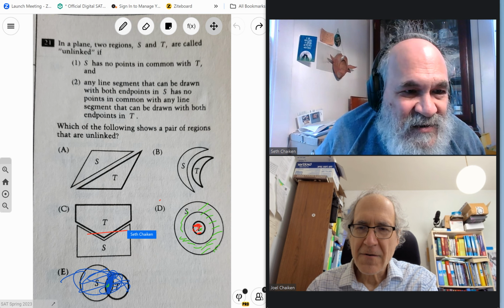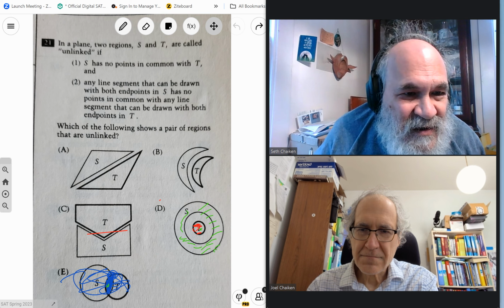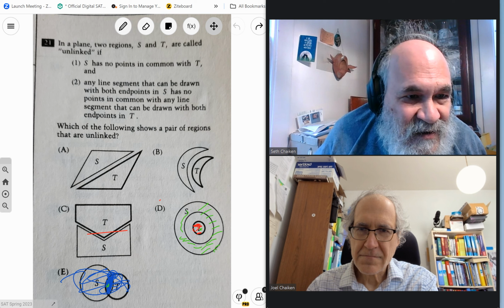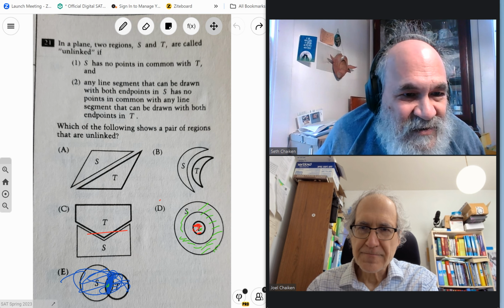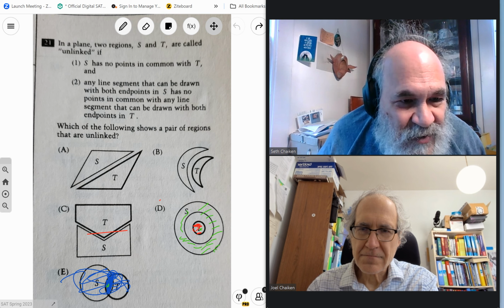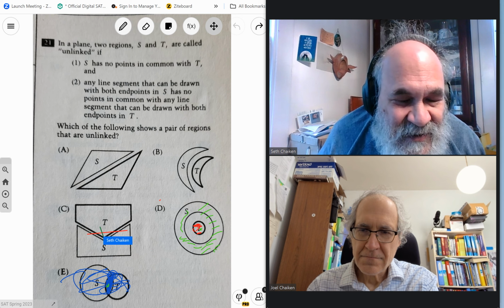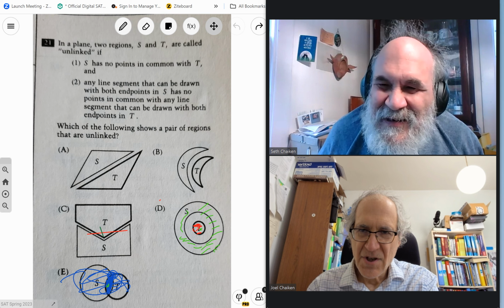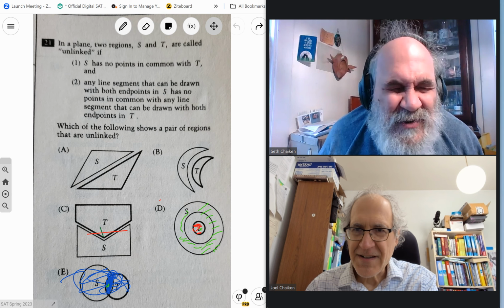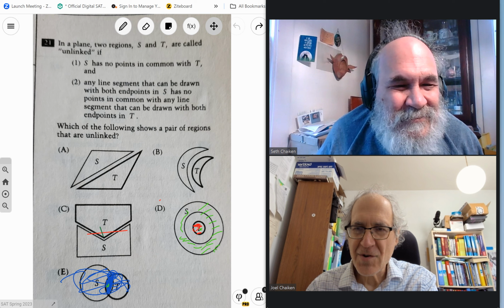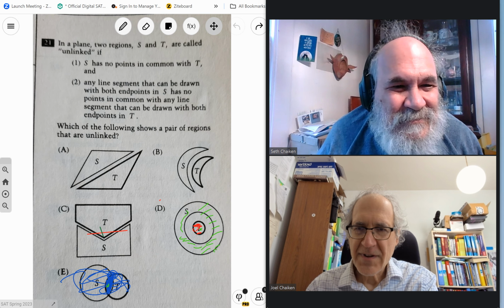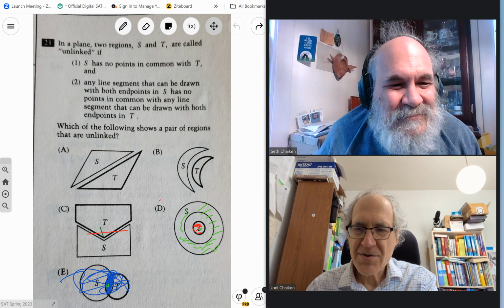And here is a line segment with both endpoints in T. And they have a point in common. Any line segment that can be drawn with both endpoints in S has no points in common with any line segment that can be drawn. Okay, got it.